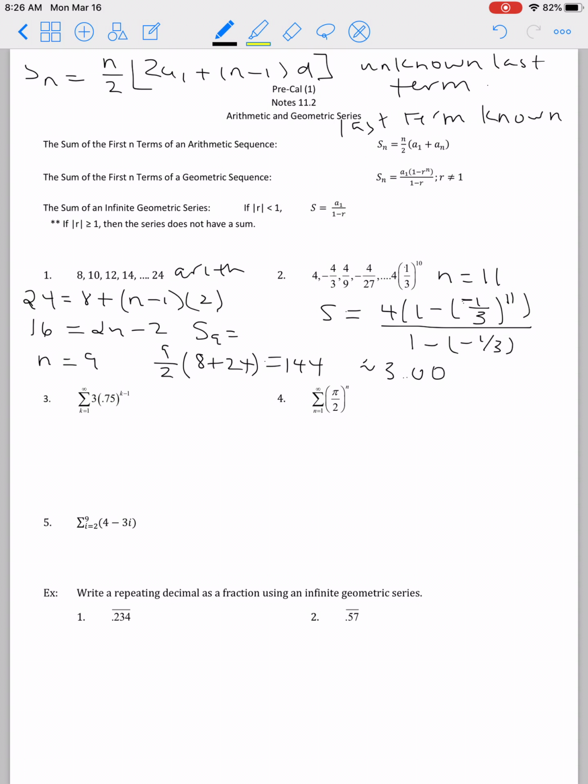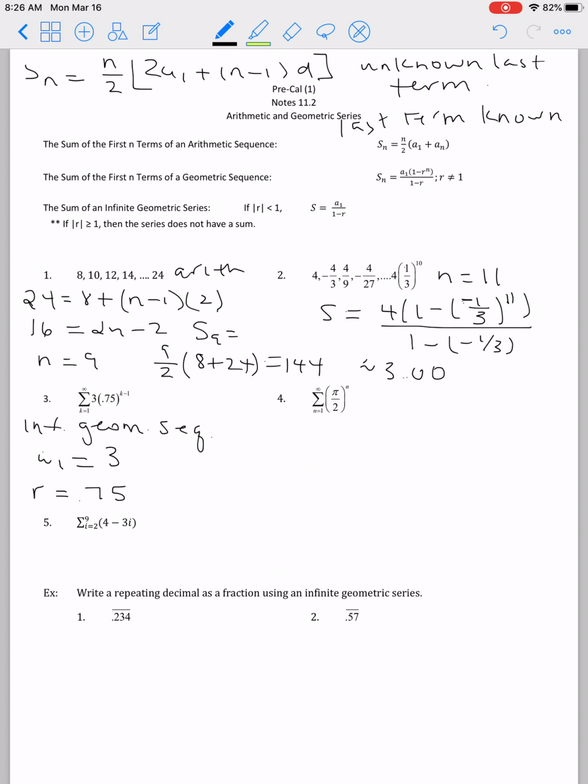Now here, this is sigma notation, where k starting at 1 going to infinity, so this is an infinite geometric sequence. And so we have to check the r. So our first term, a sub 1, if you plug in 1 for k, that would be 0.75 to the 0. A sub 1 is a 3, and the r is 0.75.